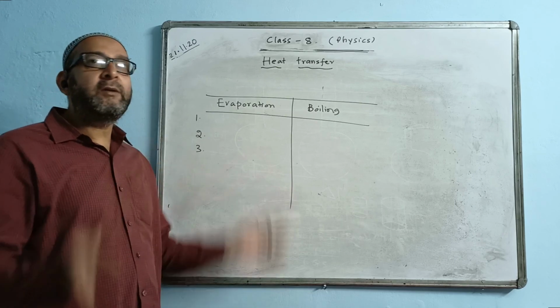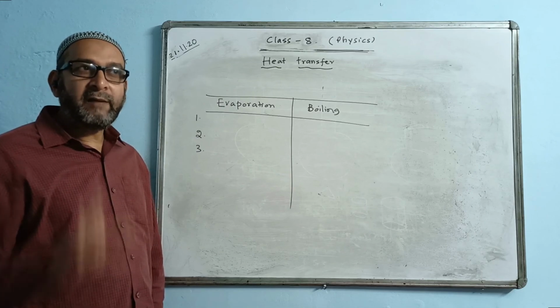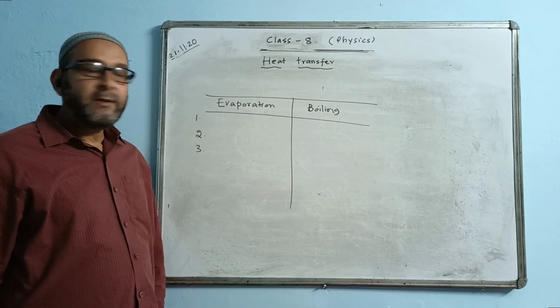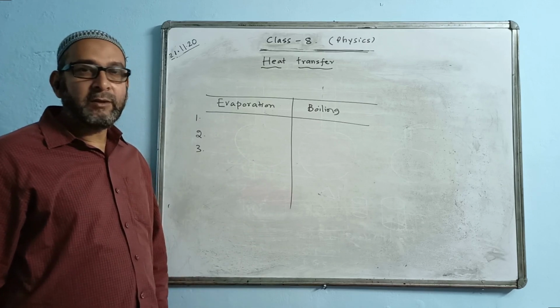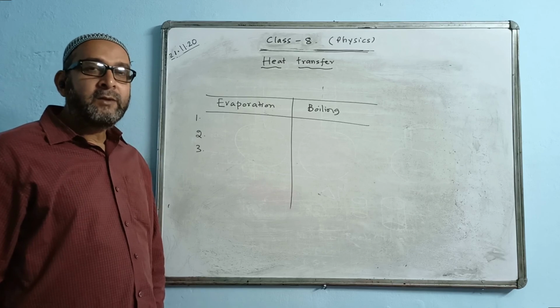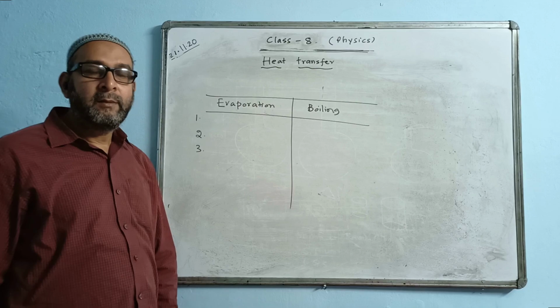In cloudy weather, it is difficult to dry clothes because the rate of evaporation is less. We already discussed this in the previous chapter, so it is all the same.